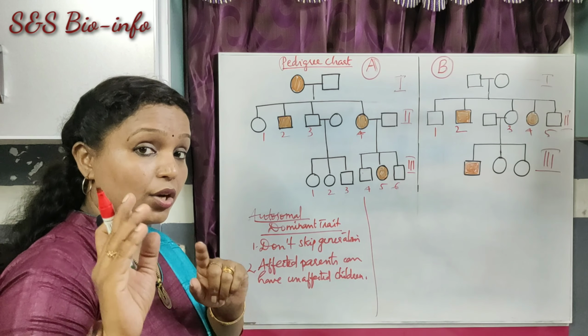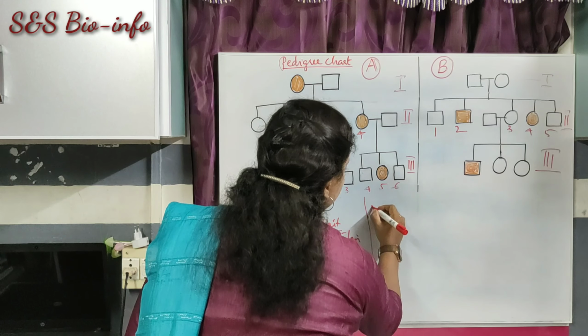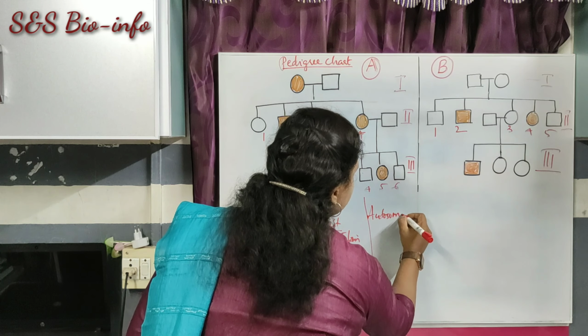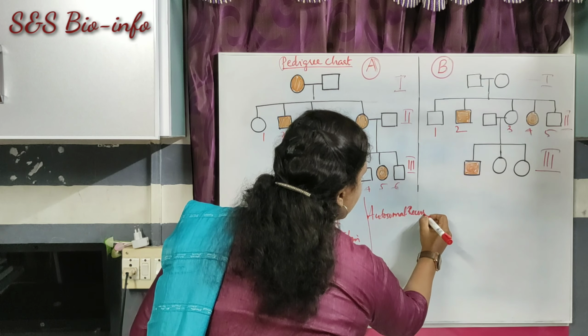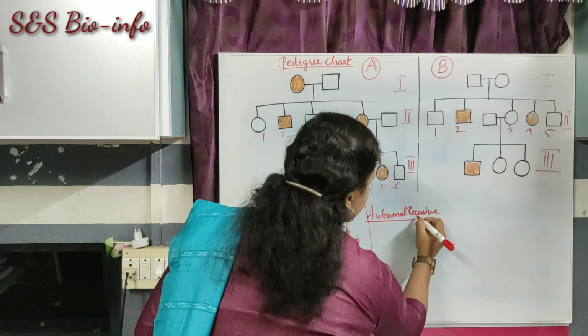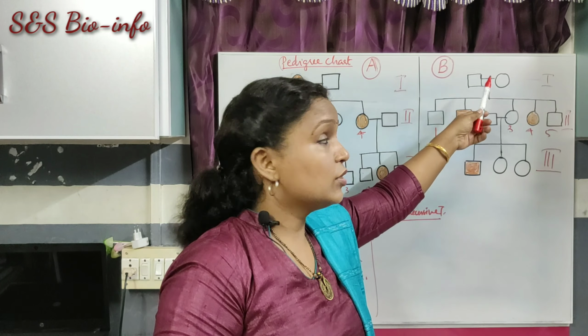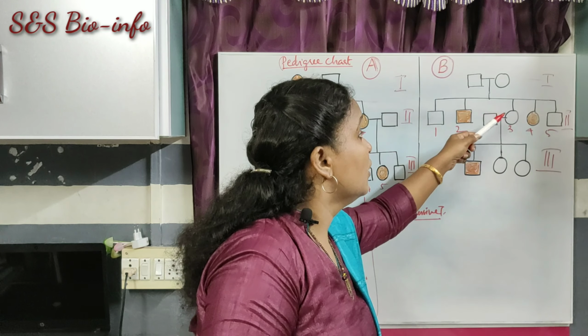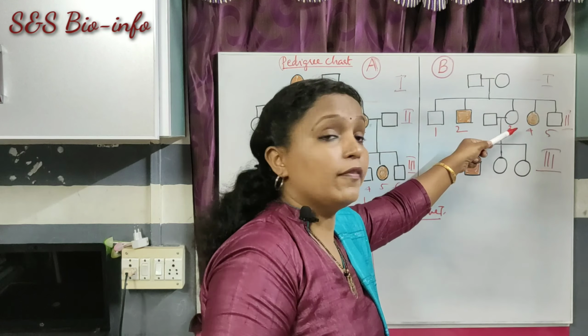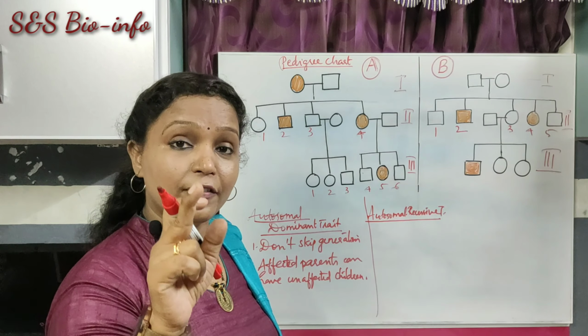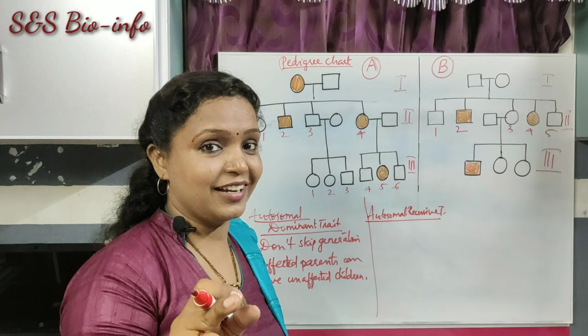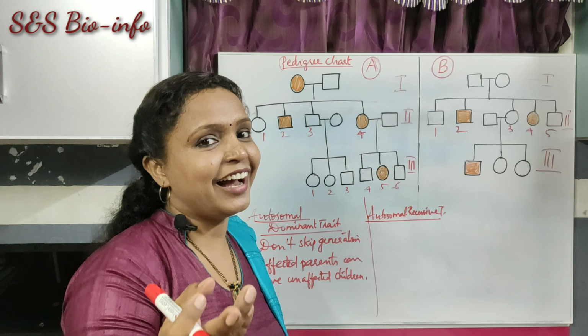The next category is the autosomal recessive trait. Look at the second diagram: the parents are unaffected, and they have both affected and unaffected children. The first clue is that unaffected or carrier parents can have affected children.